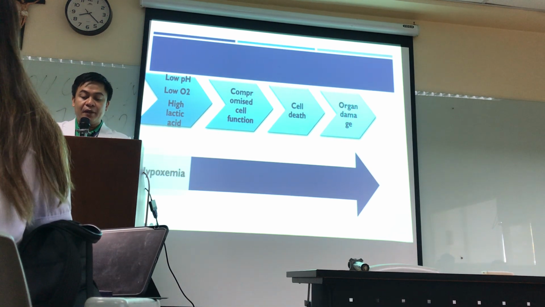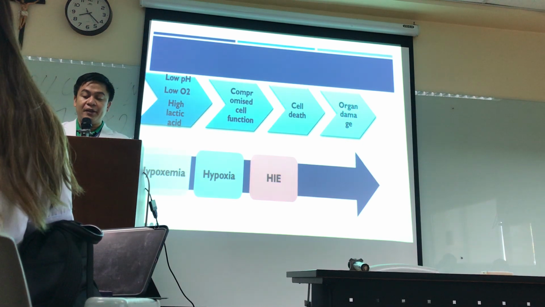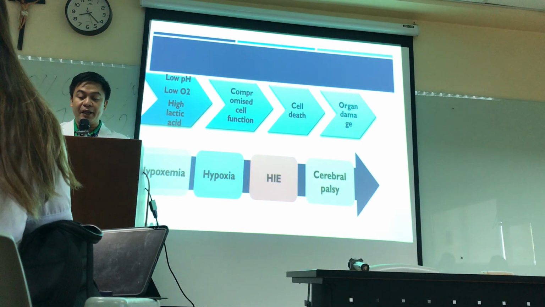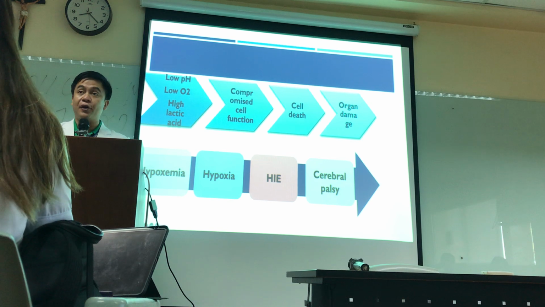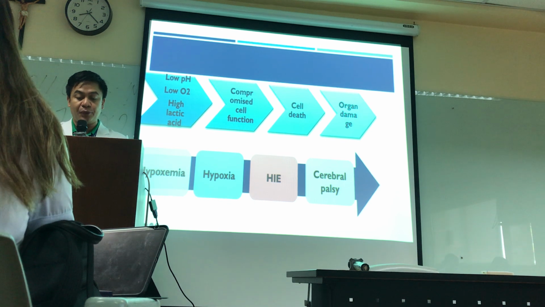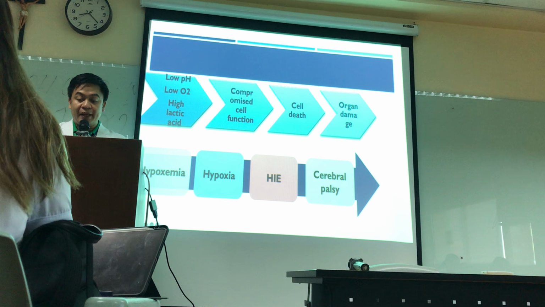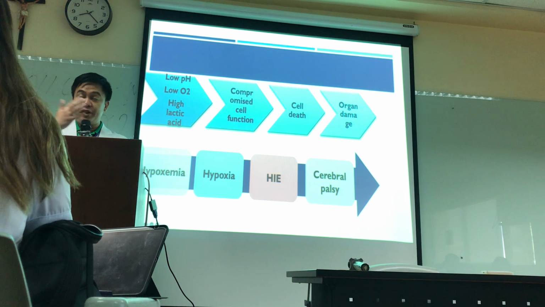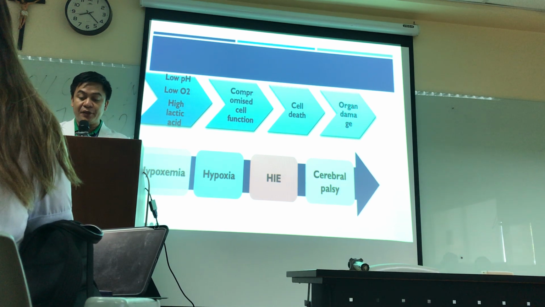So, there is recurrent or sustained hypoxemia can lead to decreased delivery of oxygen to the tissues, leading to compromised cell function and eventual cell death and organ damage. So the cascade begins with hypoxemia, which is defined as the decreased oxygen supply to the tissue.